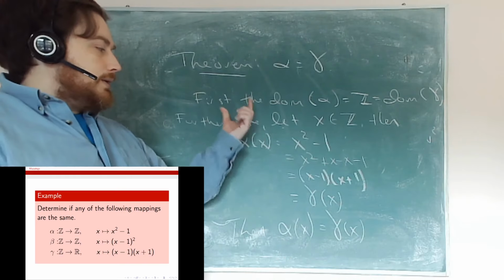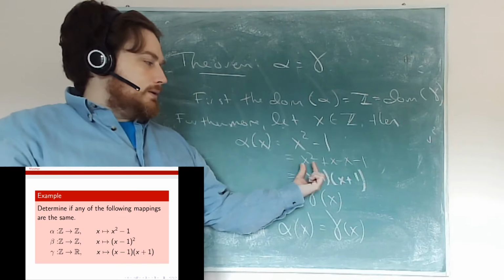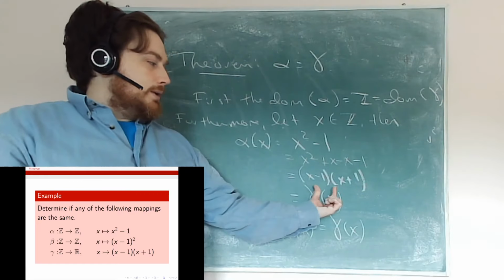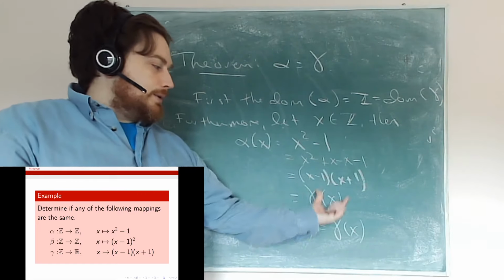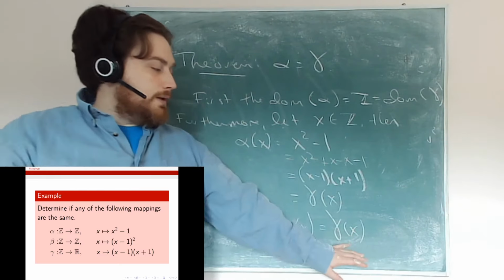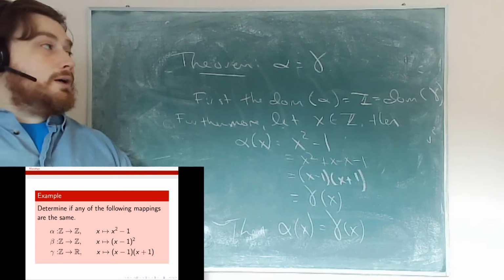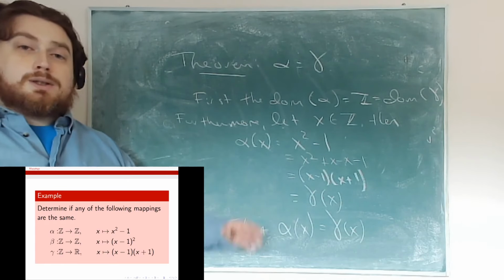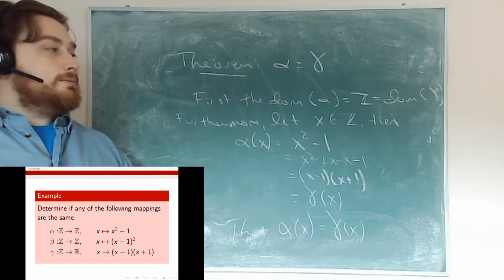And what I end up with is alpha of x, which is x squared minus 1, is equal to x squared plus x minus x minus 1, which becomes x minus 1 times x plus 1, which is gamma of x. Hence, alpha of x is equal to gamma of x for all x in their shared domain, the set of integers. So we would say these two mappings are the same.